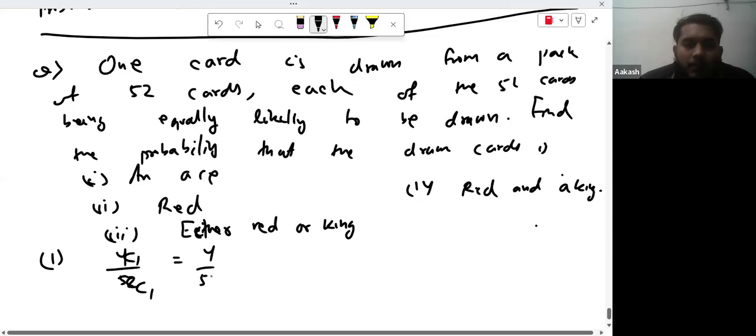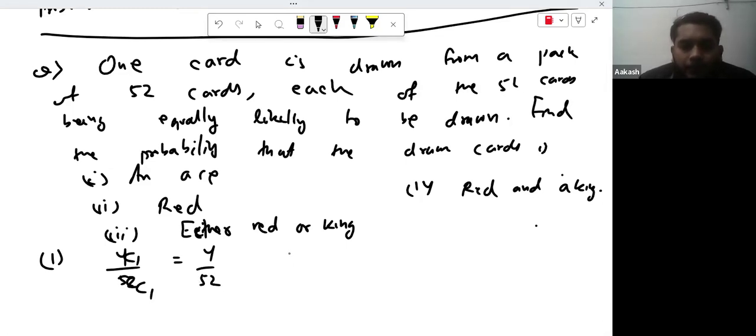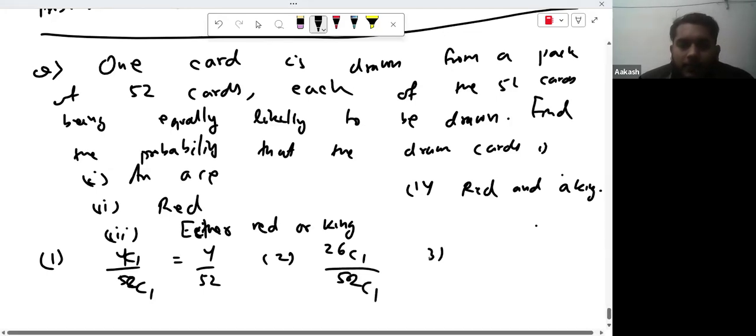So 4 by 52 is the first part. Second one is a red card. How many red cards are there in a deck of cards? 26. So 26C1 by 52C1.